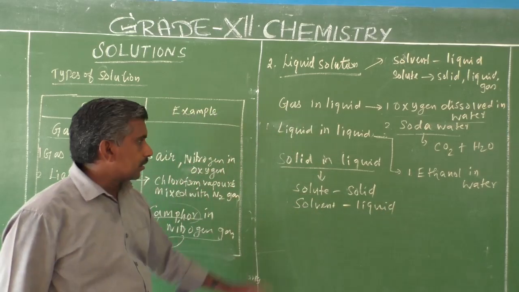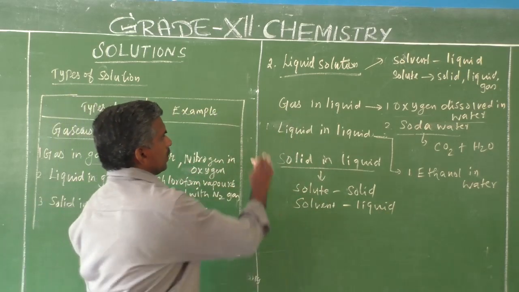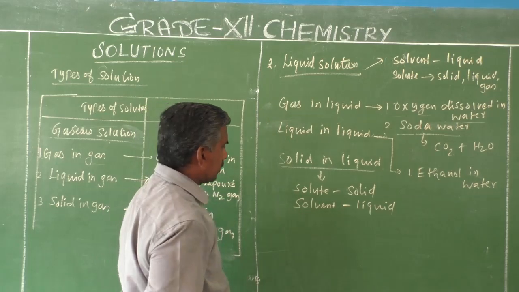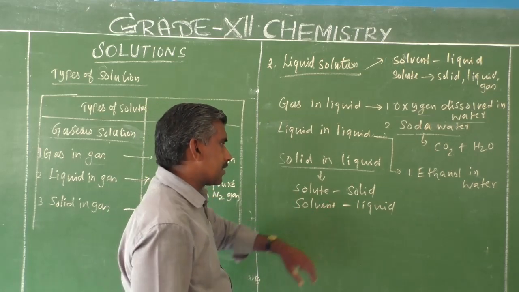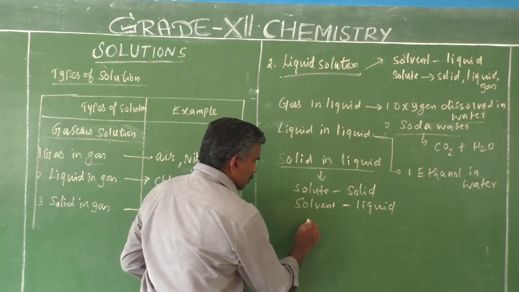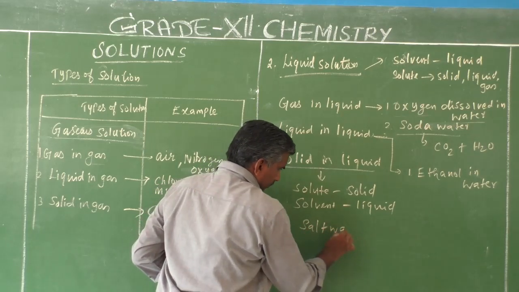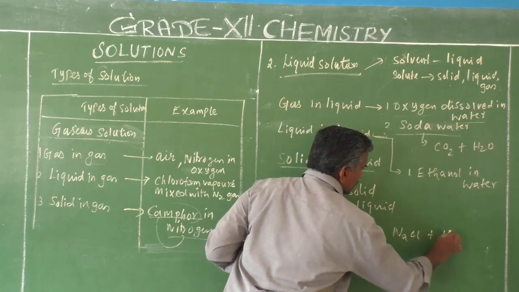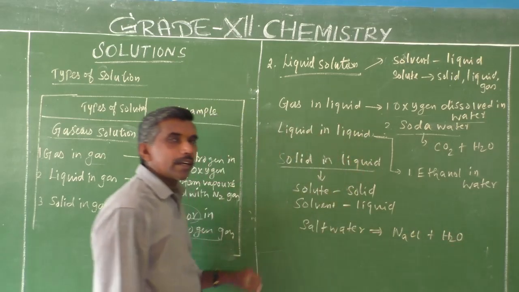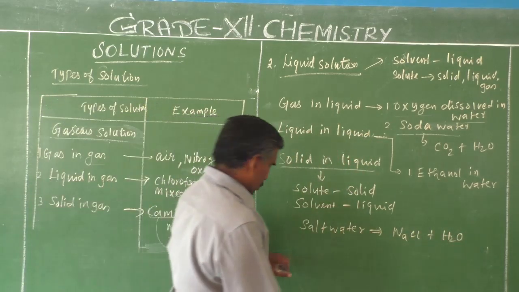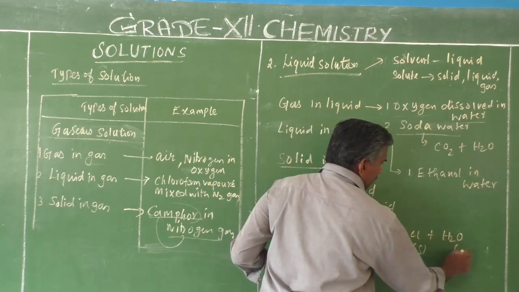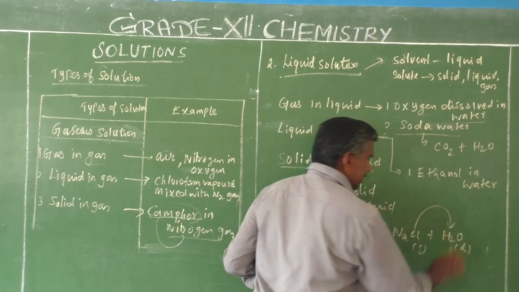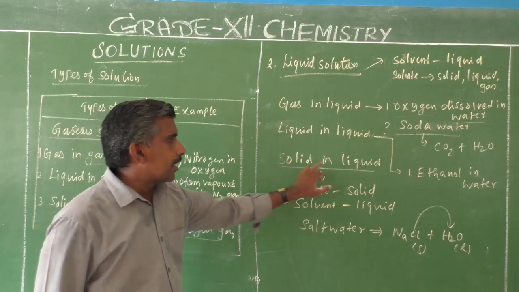Here the solute is a solid and the solvent is a liquid. Example, salt water. Salt water means sodium chloride dissolved in water. Sodium chloride is a solid and water is a liquid. Solid dissolved in water is known as solid in liquid.